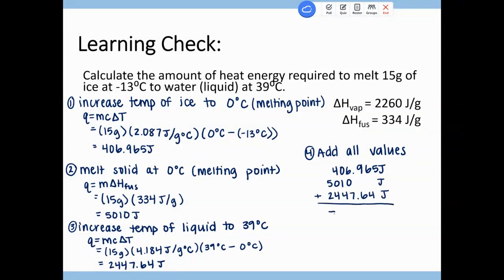Add all those together, we have 7,864.605 joules. We could convert this to kilojoules, 7.864, just dividing by 1,000.